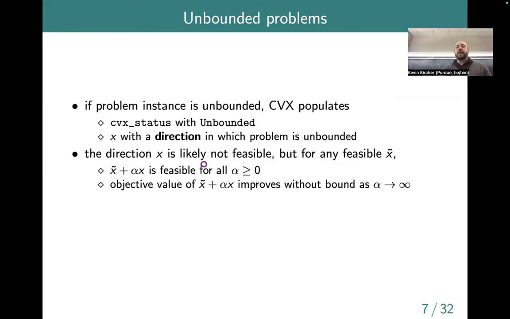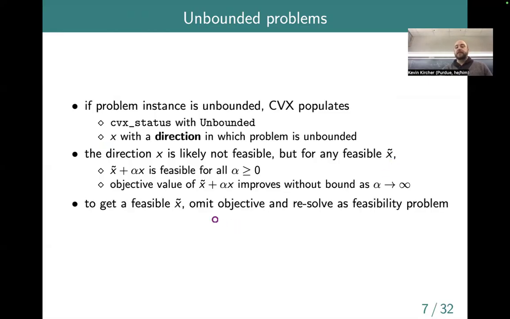But if you want to generate a feasible x tilde, you could omit the objective function and resolve the problem as a feasibility problem with only constraints, no objective. Then you would get some x tilde that lies in your feasible set. If you start at x tilde and move in the direction x, scaled by any positive scalar alpha, then the objective function just keeps getting better and better.